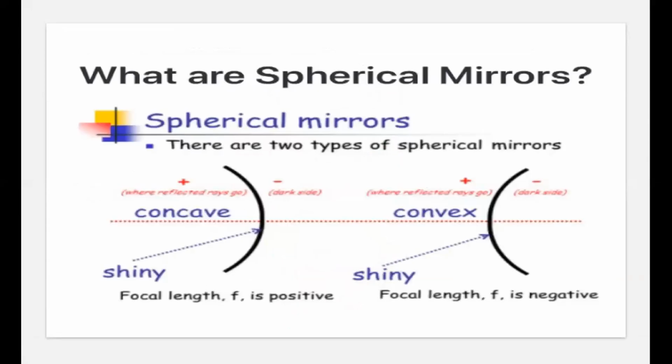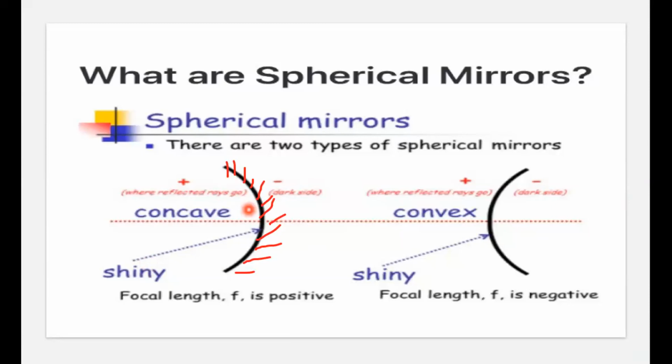So we saw two types of spherical mirror. The first one is the concave mirror, and the second one is the convex mirror. As I said, if the outer part of this is coated with silver nitrate solution, you can say the inner part of this is shiny.